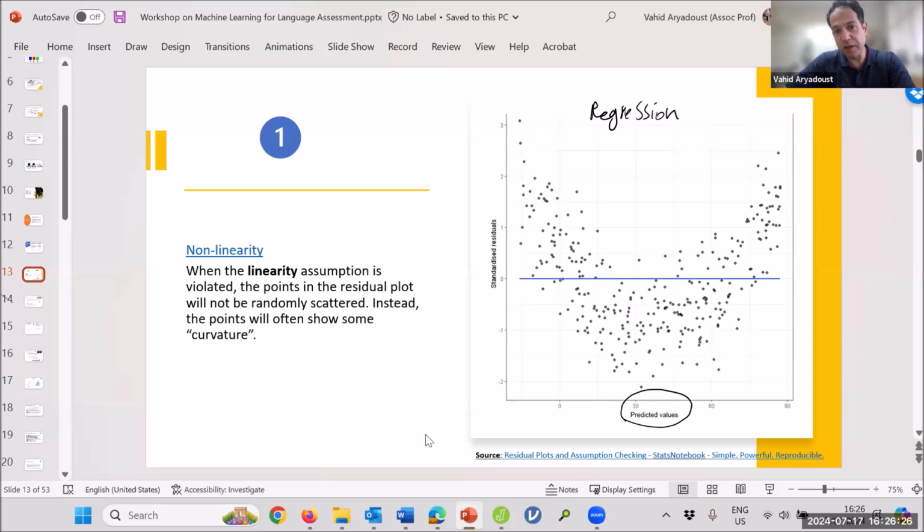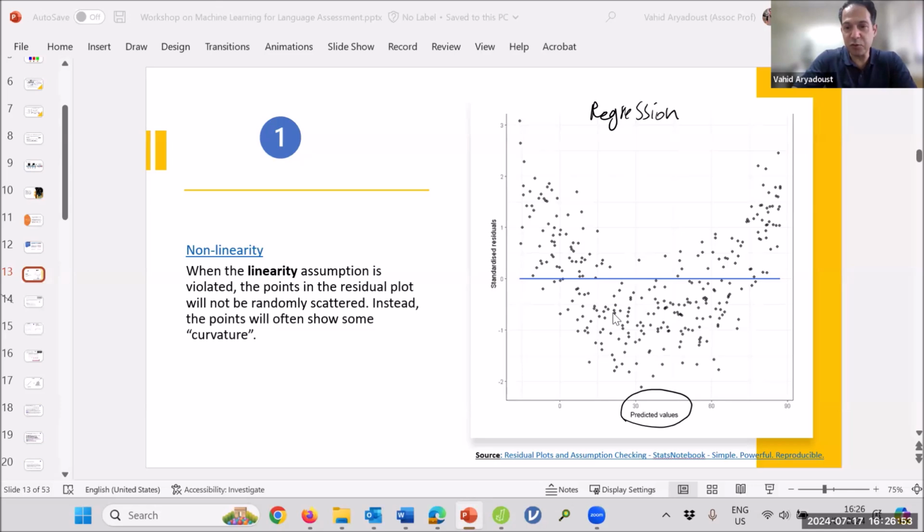What do we call predicted values in a regression model? Yeah, but there was a term for it. There was a mathematical symbol for predicted values. Yeah, good, y hat. Awesome.